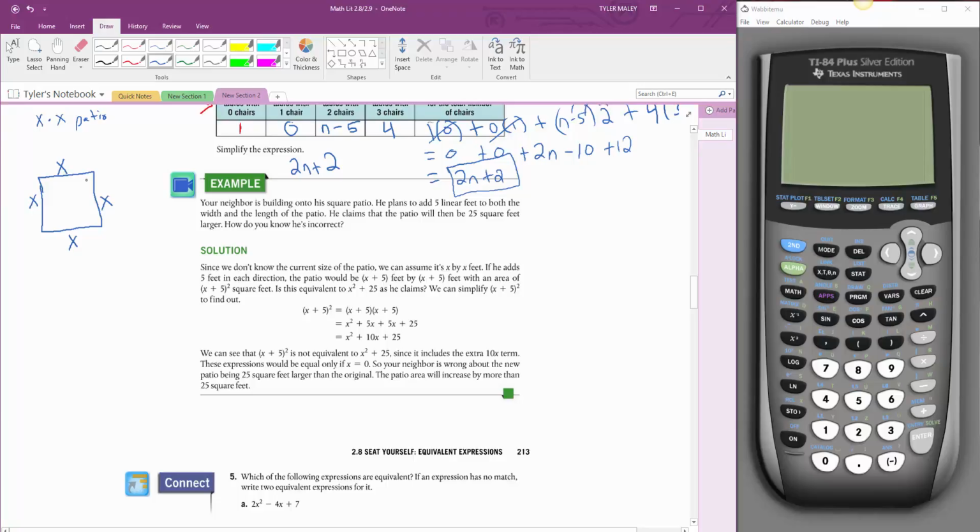And then what we're doing is we're adding feet to the width and the length and trying to see how this changes my area. Currently the area of this figure is x times x, which is x squared. So that's my original area.